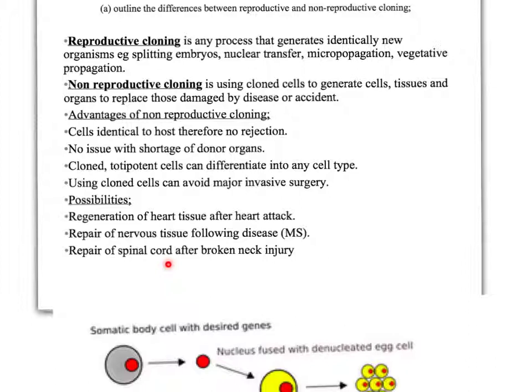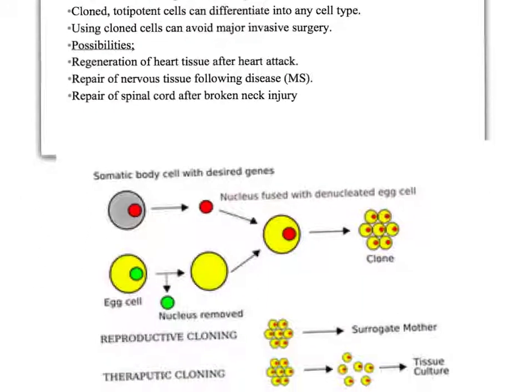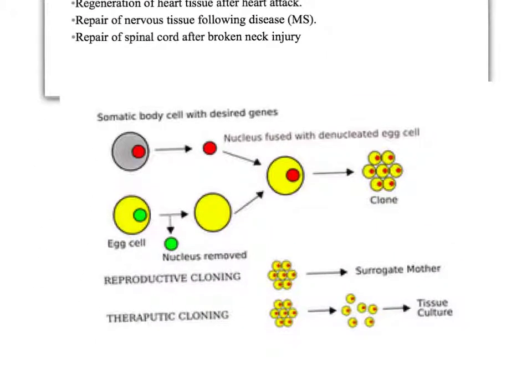Okay, so that's ideas of reproductive and non-reproductive cloning, which you have to be able to understand. Little diagram which I think I had on my previous slide, which I'll just quickly go through again. So this shows you nuclear transfer, which we'll come back to and talk to you about in a second. So we've got the cell which is going to donate our nucleus.